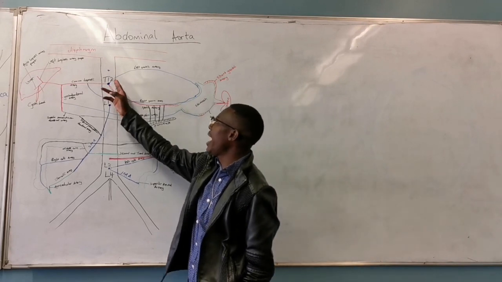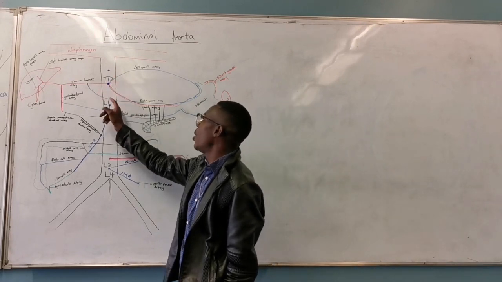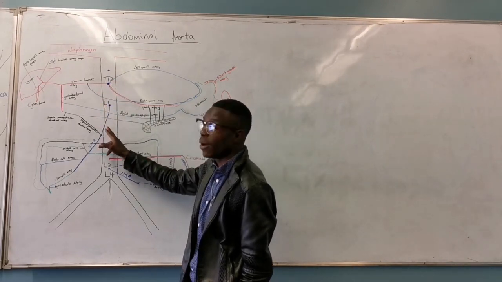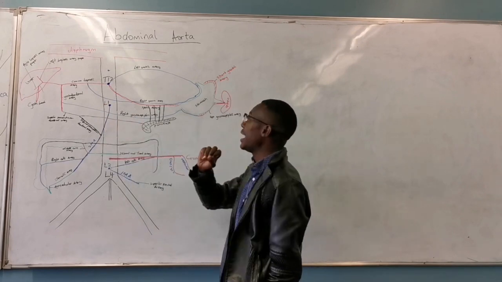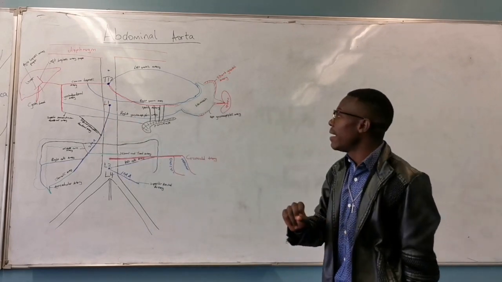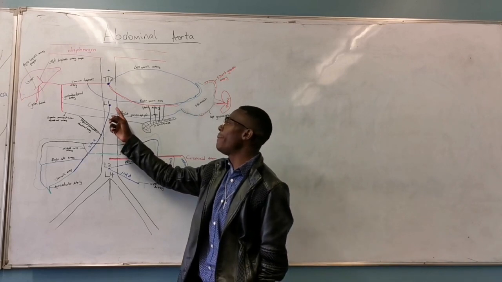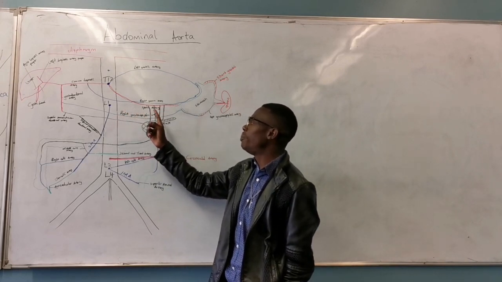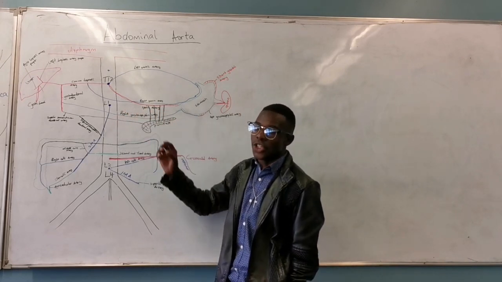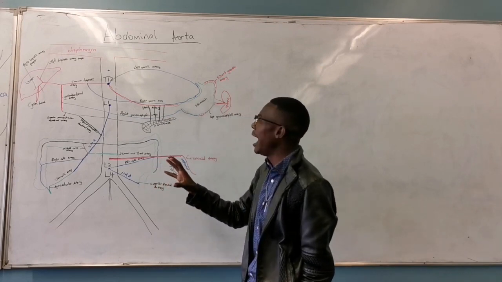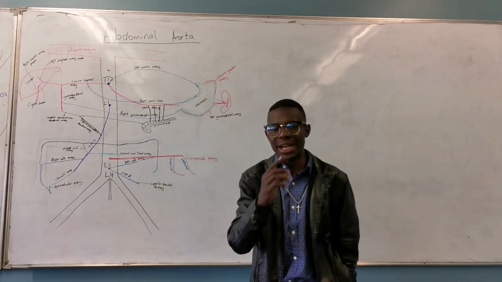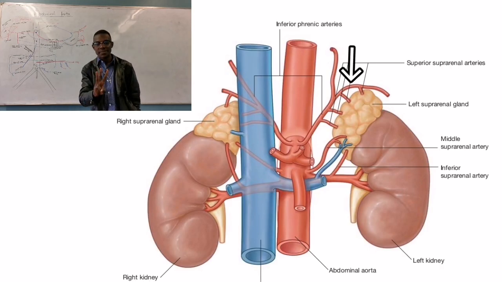Another branch we have: after the celiac trunk, between L1 and L2, we're going to have what's called the medial suprarenal artery. Let me just give you a brief arterial supply to the suprarenal gland. The suprarenal gland is supplied by 3 arteries.